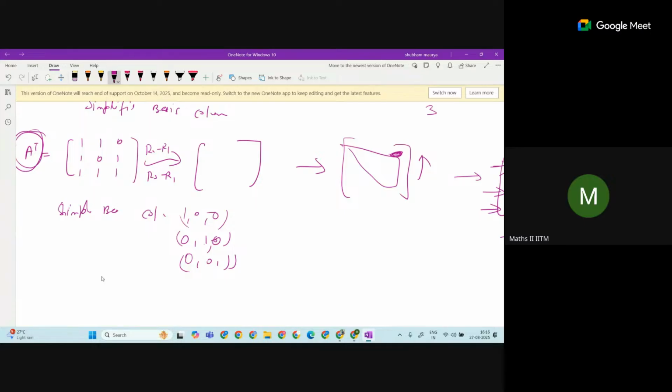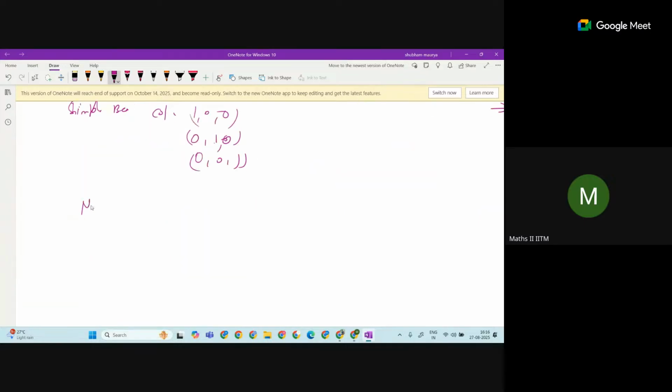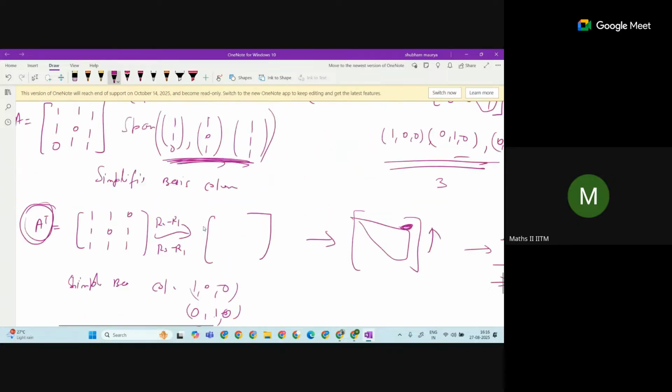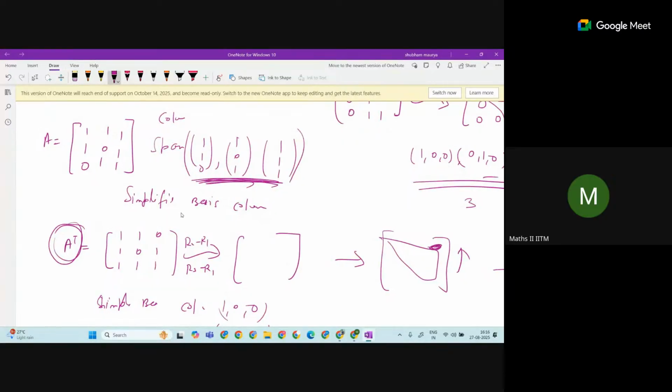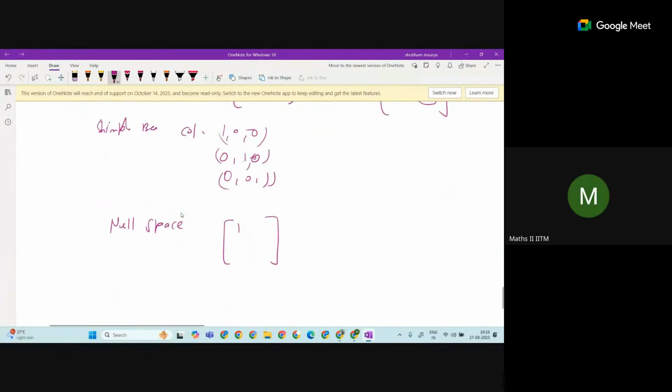Next is the null space. To find the null space, take the same matrix A, with rows 110, 101, and 011. Now solve this system of linear equations, A times n equal to 0.